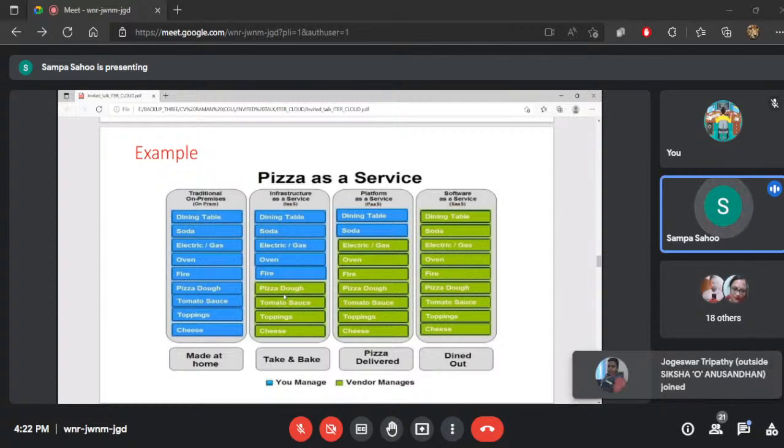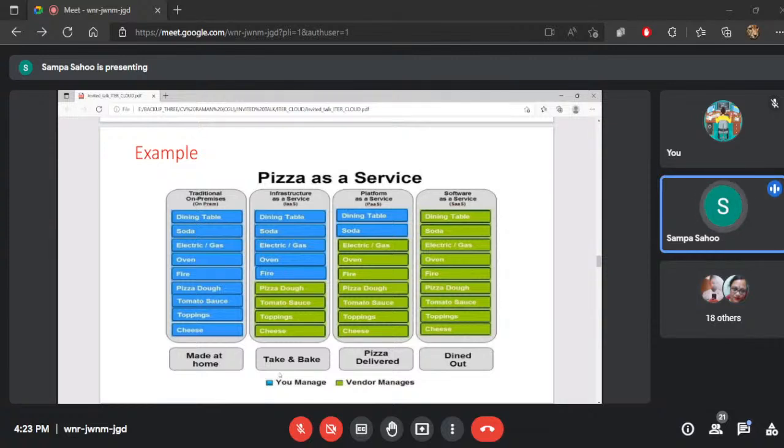You have to take that content and bake it, then use your table and utensils to eat it. So infrastructure as a service is like take and bake. Similarly, platform as a service, if you consider, then pizza is delivered, meaning the service provider or the pizza company will deliver you the pizza.